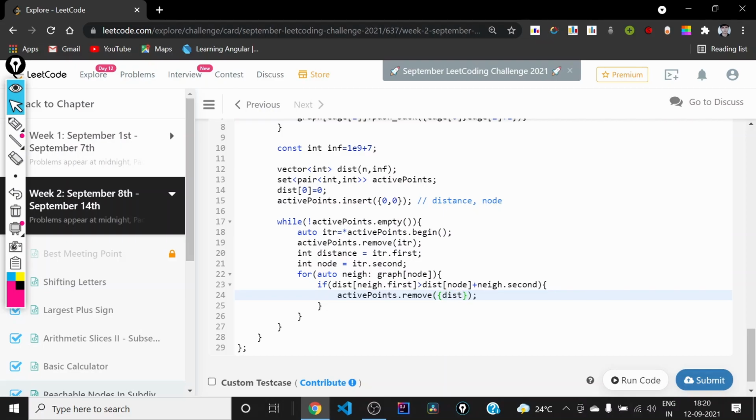The first thing is always the distance, so it will be neigh dot first, the distance of neigh dot first and then neigh dot second.